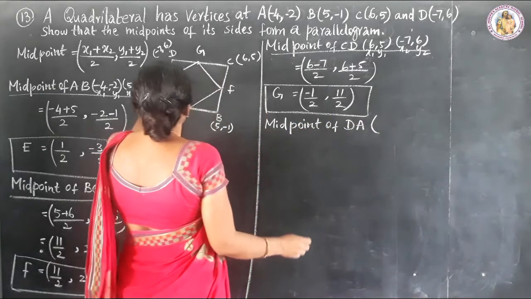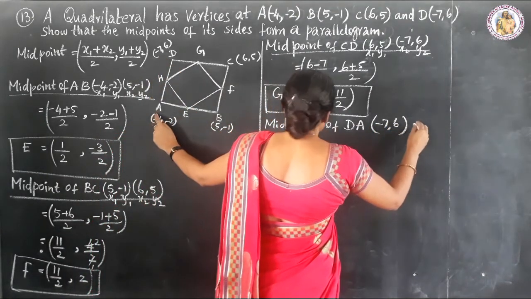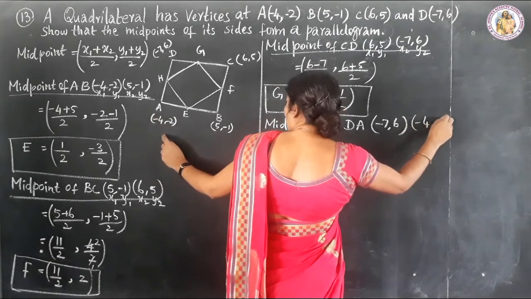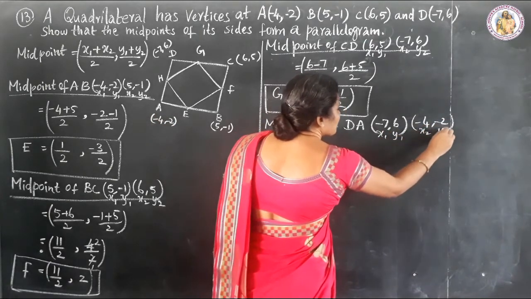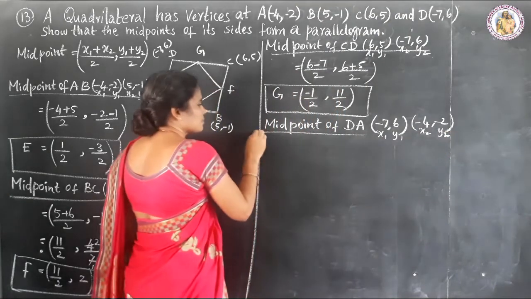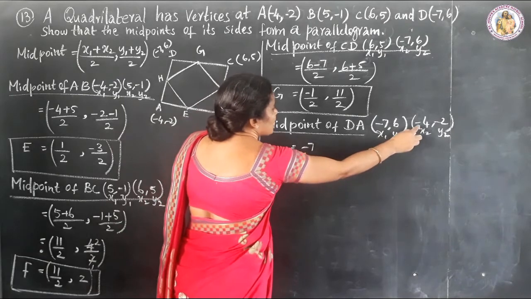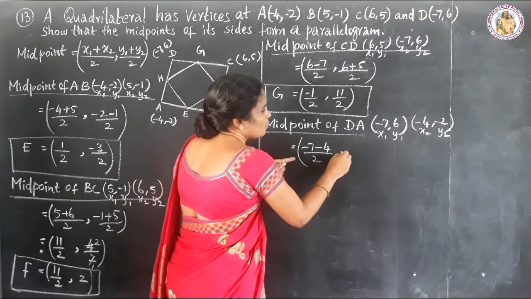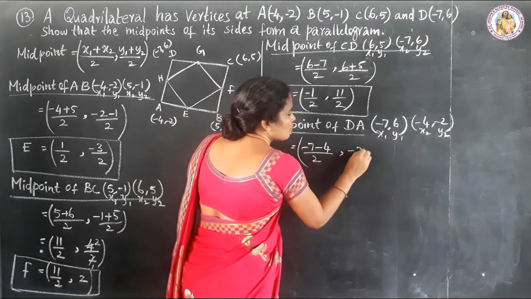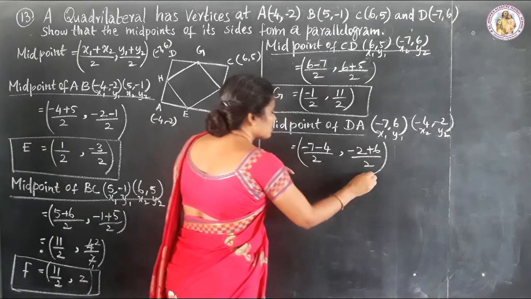Midpoint of DA, so D is (-7, 6) and A is (-4, -2). Taking this as x1, y1, x2, y2: x1 minus 7 plus x2 minus 4, by 2, comma, y2 is minus 2, y1 is 6, by 2.